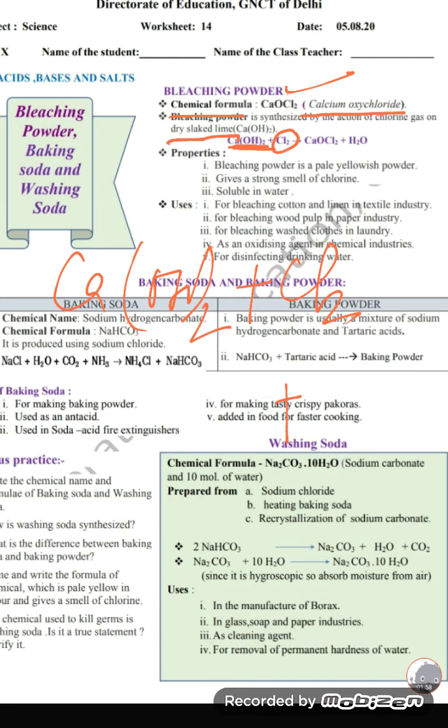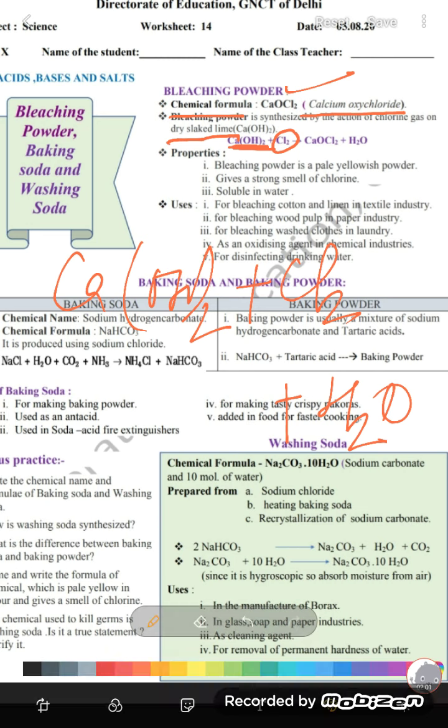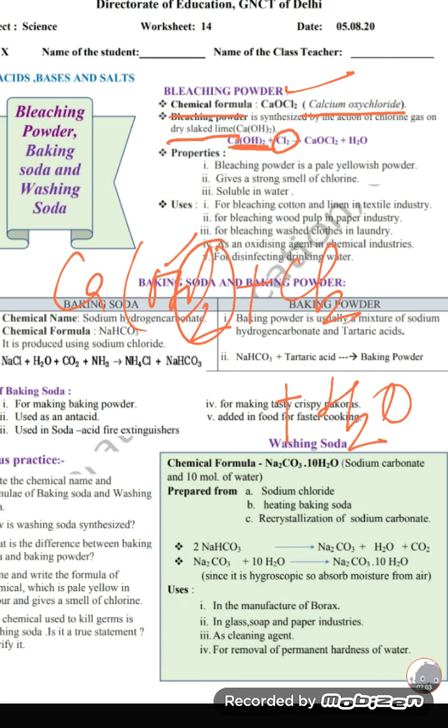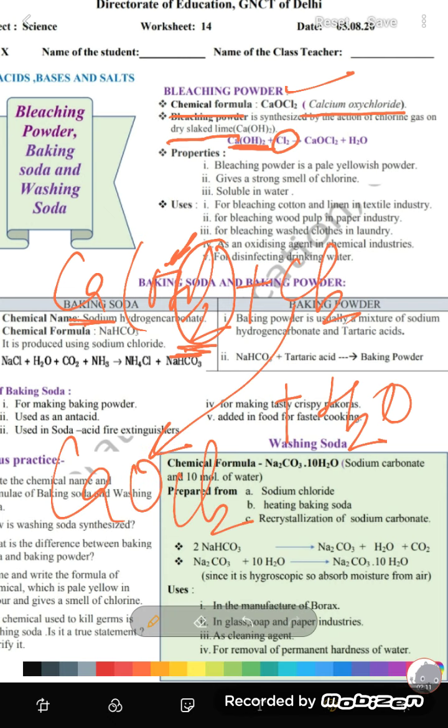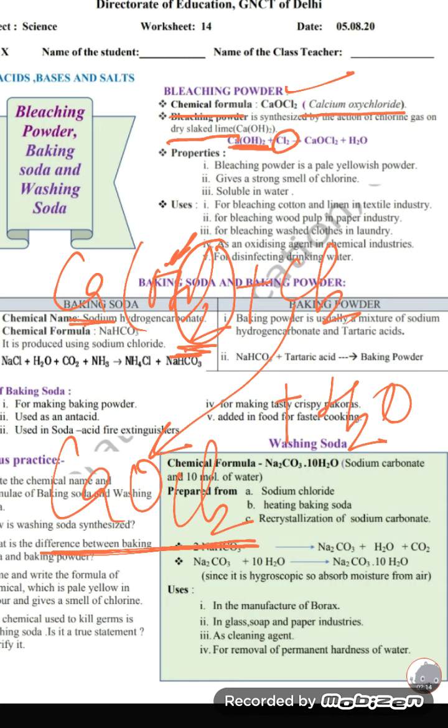Students, first of all, we have to take out water. See, 2 hydrogen, 1 oxygen. 1 oxygen is left with this calcium, CaO. Cl2 will attach to it and form CaOCl2.